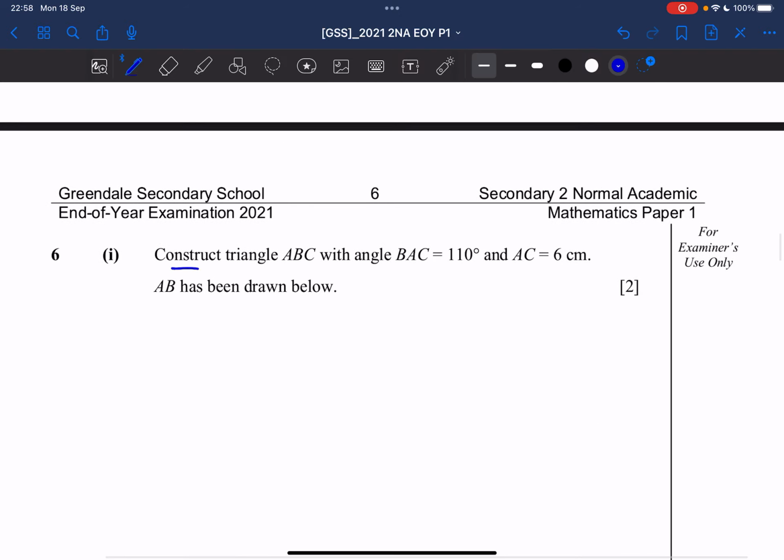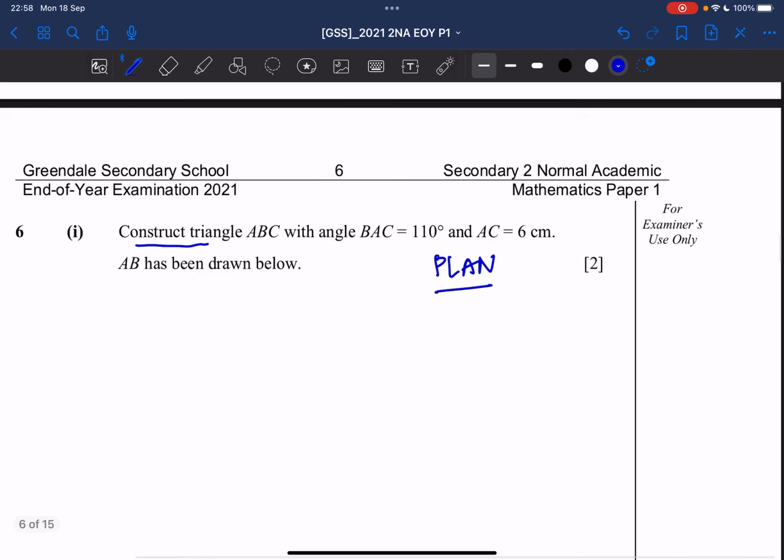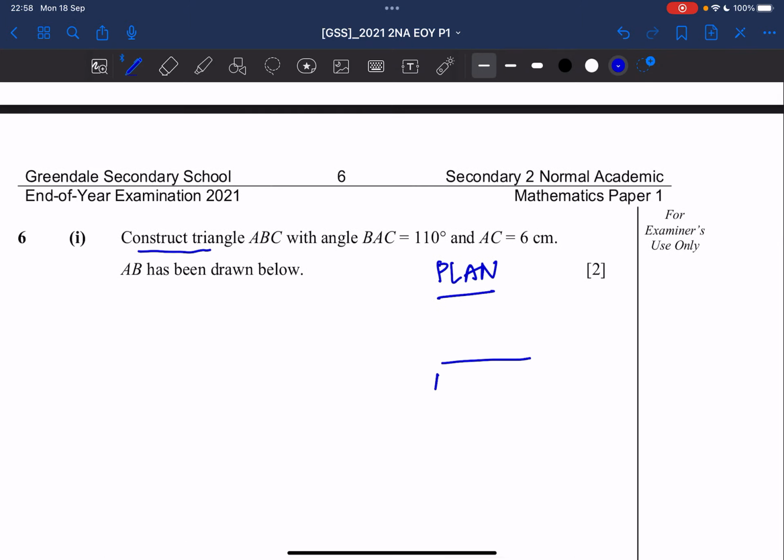Question 6 is construction. So you need to use a math set. But I can help you to draw the plan. Of course AB is given. So we draw AB as our given length. Then after that, our C will be somewhere on top here. So angle BAC is 110. BAC is 110. Then AC is 6 centimeters.